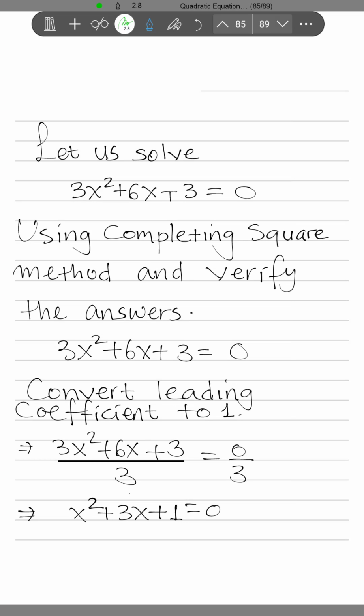For completing square, the leading coefficient has to be 1, so divide both terms by 3.